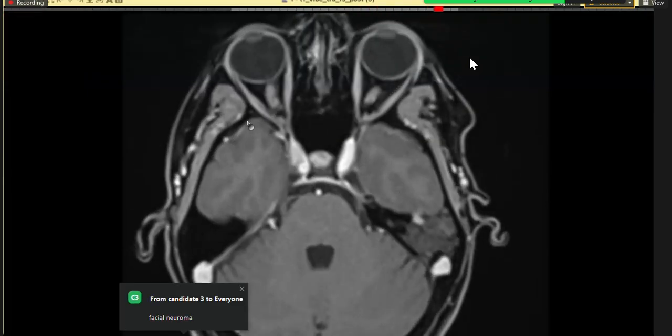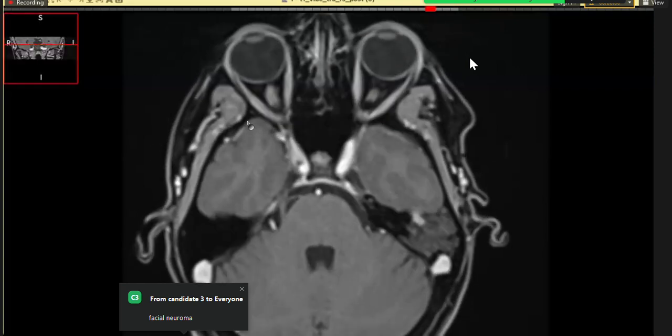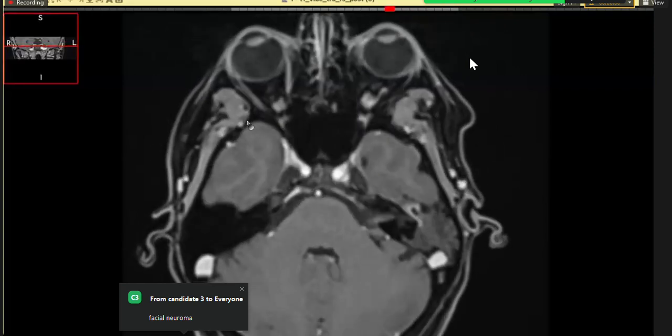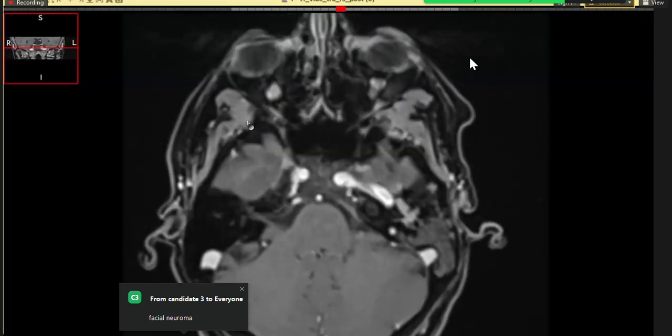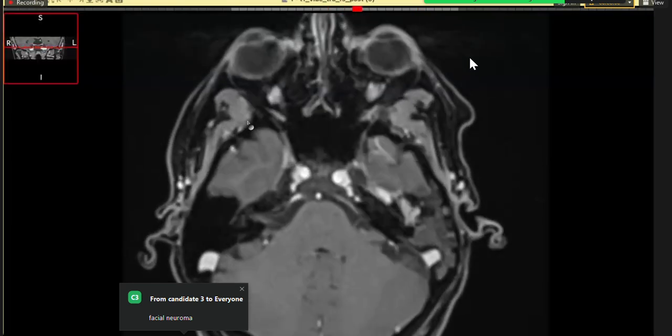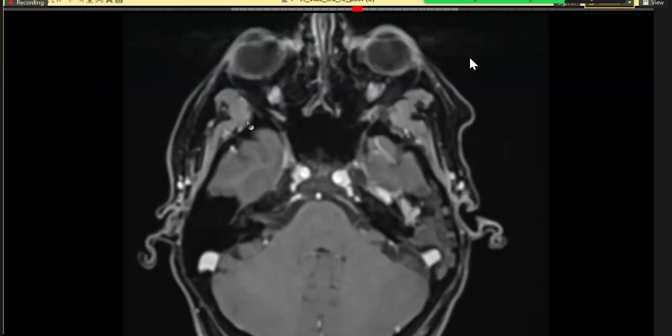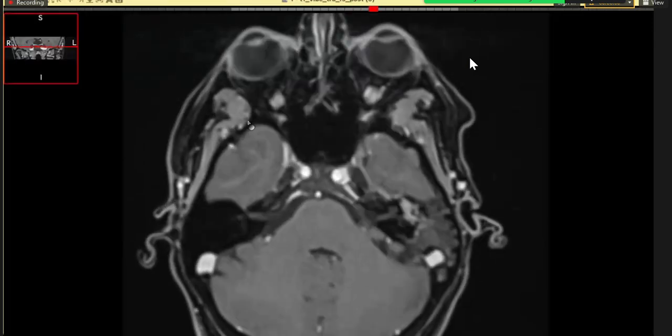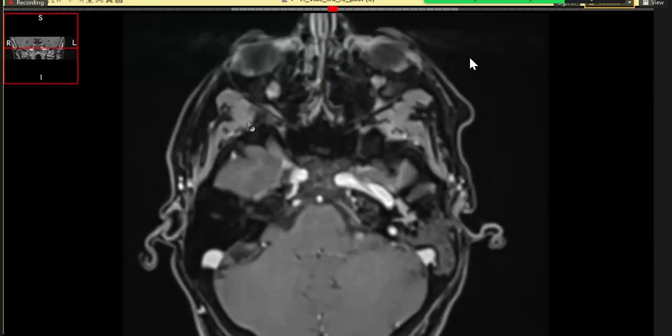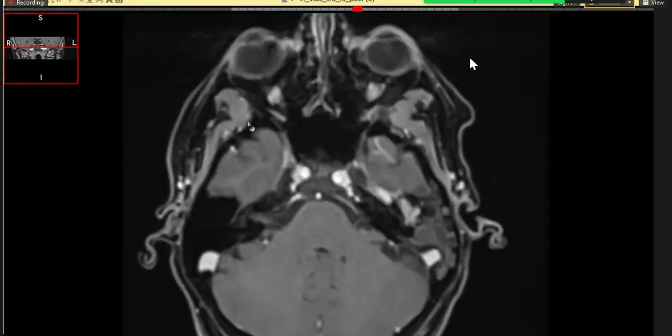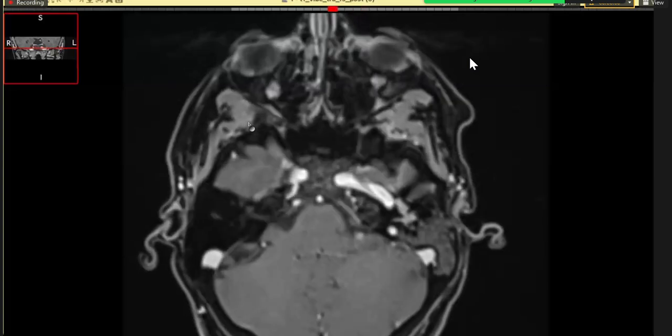This may be something related to a schwannoma in the nerves. Which nerve will be within the middle ear cavity? So this is the facial nerve. You know, a facial nerve schwannoma will be in the facial nerve canal. Usually they are not as large. This thing is filling up the whole of the cavity.